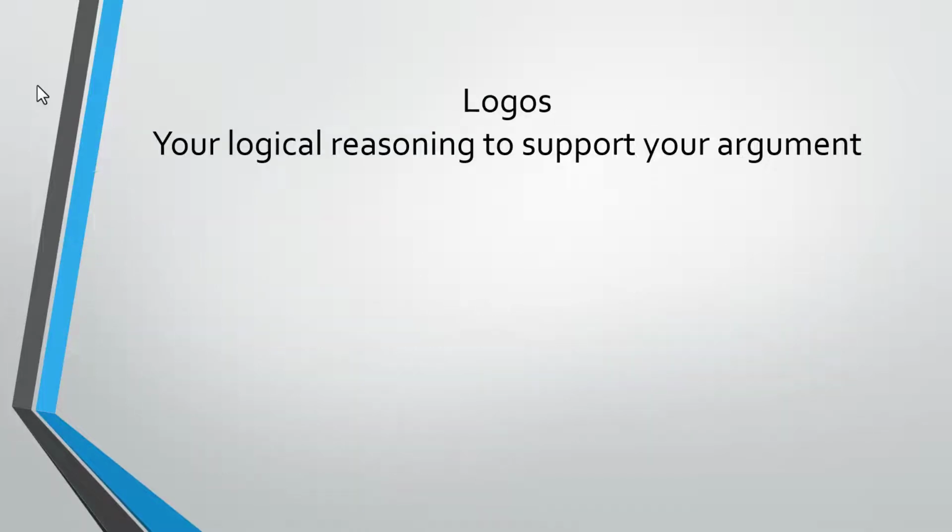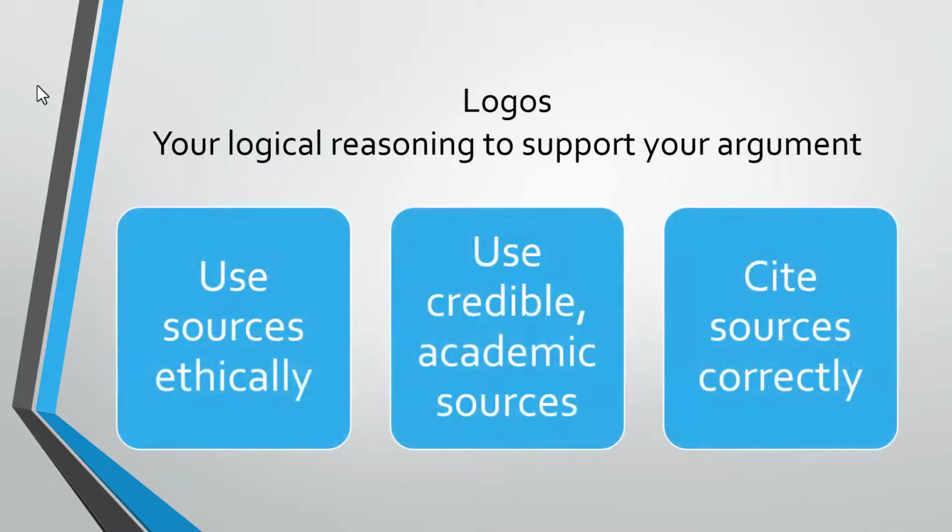When we talk about logos, this is how you use outside sources to support your argument. Of course, first and foremost, we have to use sources ethically. We can't manipulate sources to make them say what we want them to say so that it supports our argument. We have to use them in an ethical way, and we have to use credible academic sources.